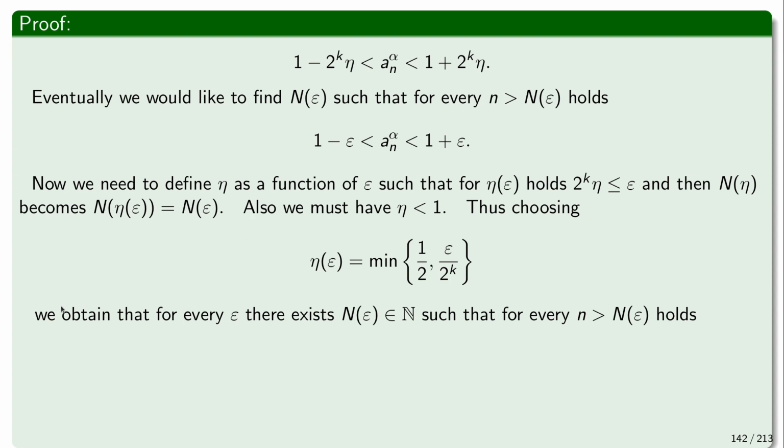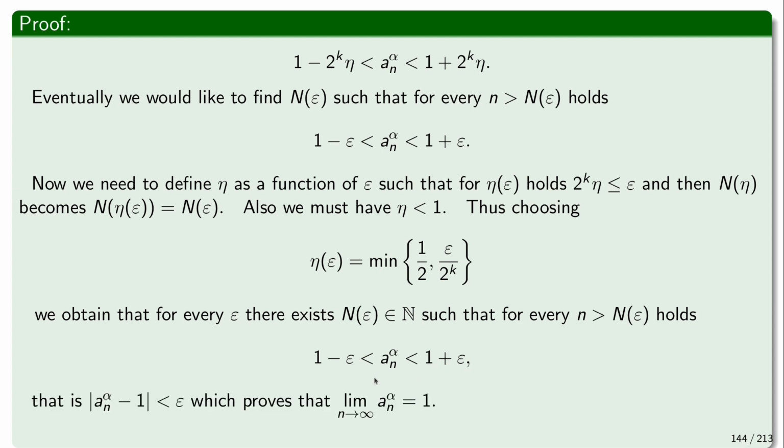And we have shown that for every epsilon, there exists n of epsilon, such that for every n that is greater than this n of epsilon, because eta is a function of epsilon, a_n to the power of alpha would be between 1 plus epsilon and 1 minus epsilon, which means that a_n to the power of alpha minus 1 is smaller than epsilon, which proves, according to the definition, that a_n to the power of alpha actually converges to 1.